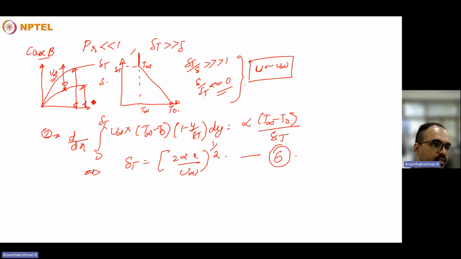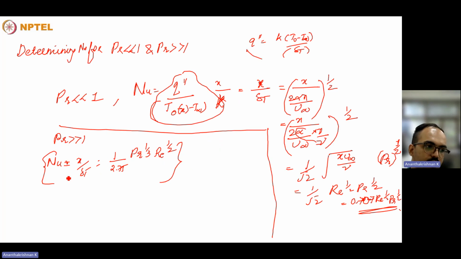And that simplifies the problem significantly. And the temperature scale follows a linear scale as in the previous part of the problem. So from solving these, we can integrate and get the value of delta t in the form of this. So the Nusselt number will be the inverse of delta t by x, and we can substitute the value for both the cases and get the Nusselt number for both the cases.